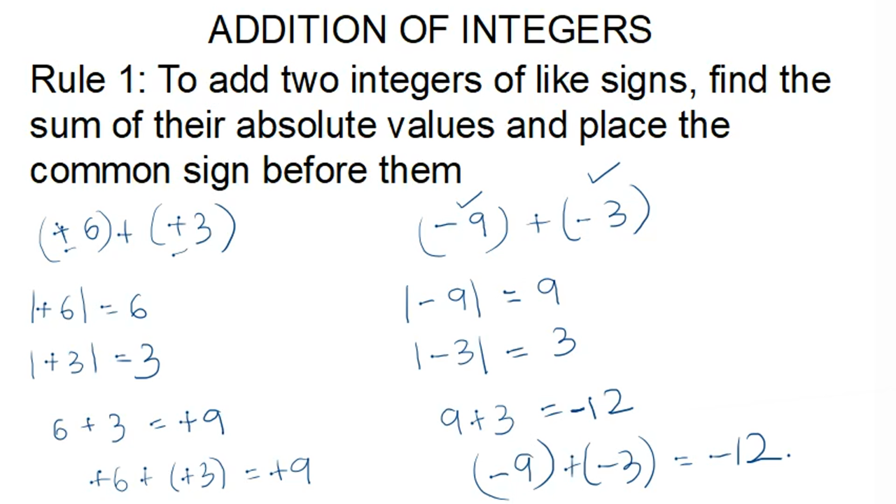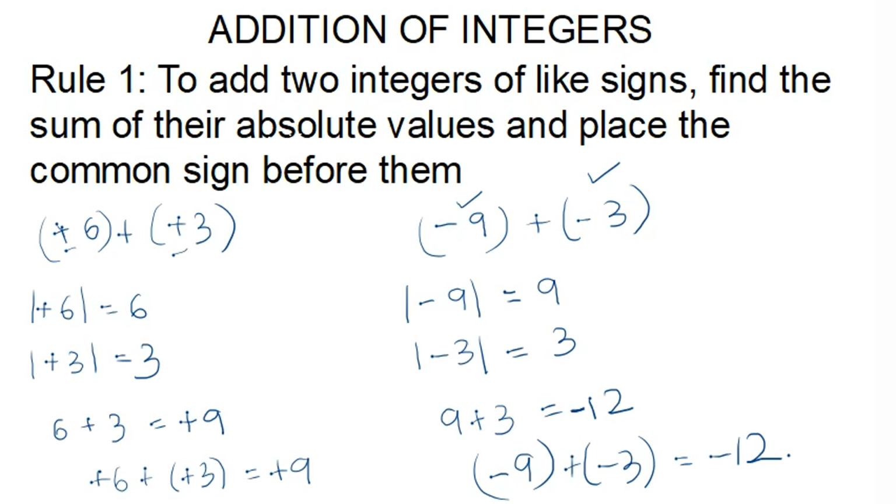We simply add their absolute values and place the sign in front of them. If both are positive, you put a positive sign in front of the sum. And if both the integers are negative, you will still add. Even though you have a minus sign, you only do addition if both the numbers are negative integers. You add and then place the minus sign in front of the sum. So this is our first rule.